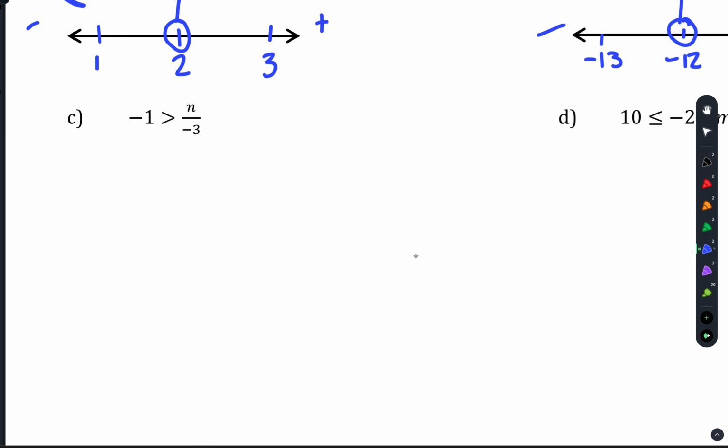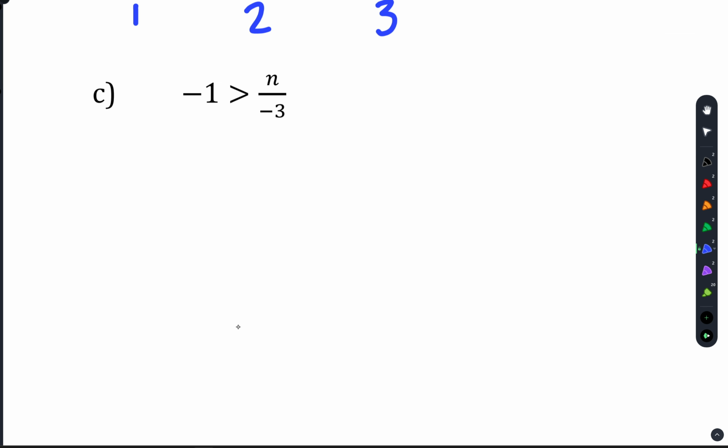Let's keep going. Letter C. What's my first step? I got to get n by itself. What do I do? What's the inverse operation here? Yeah, it's n divided by negative 3, so I need to multiply by negative 3. What do I need to watch out for?